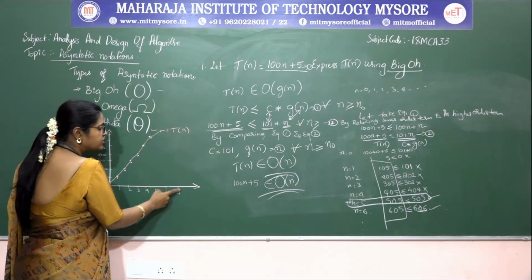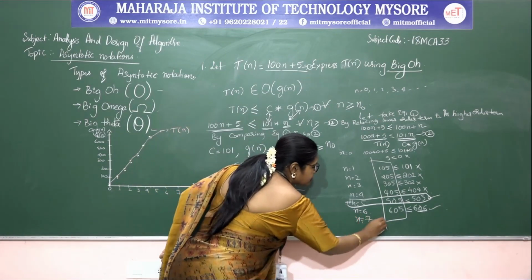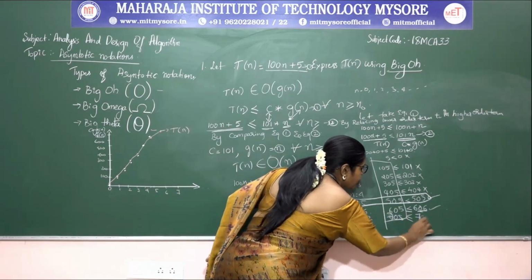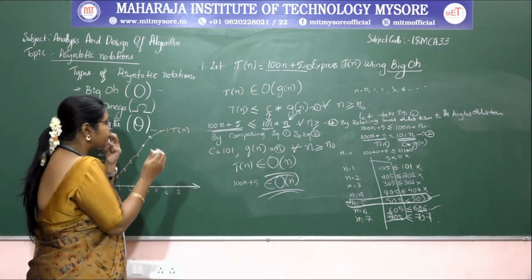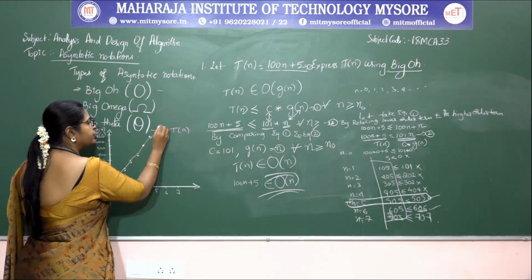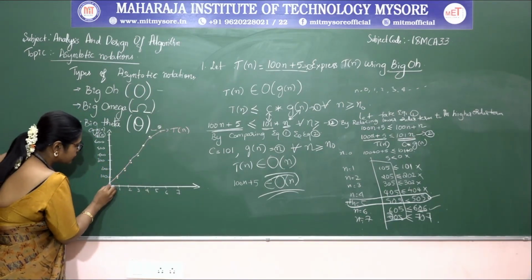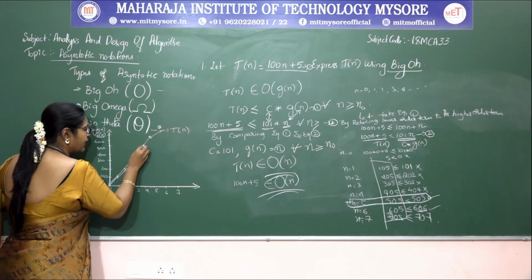When n is equal to 7, T of n is 705 and C into G of n is 707. So the curve might come here. Now if I join these points, what happens?